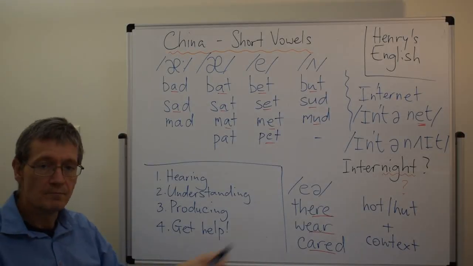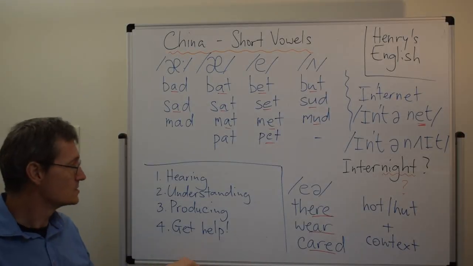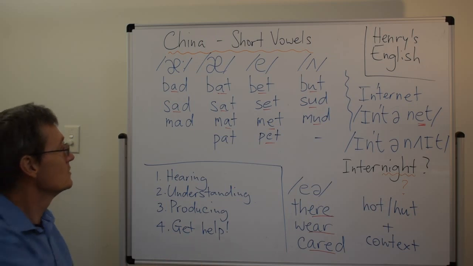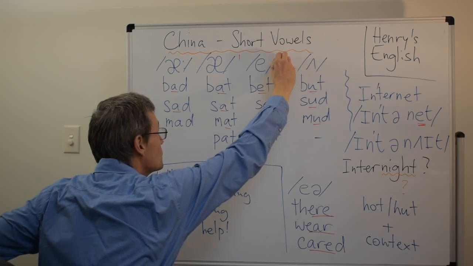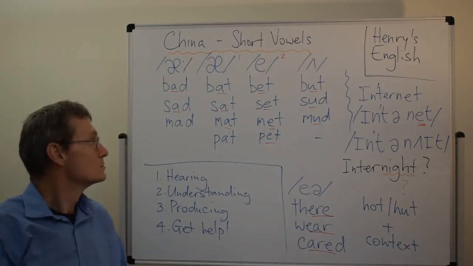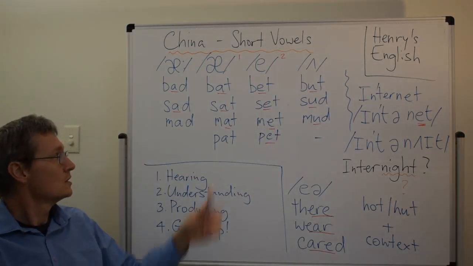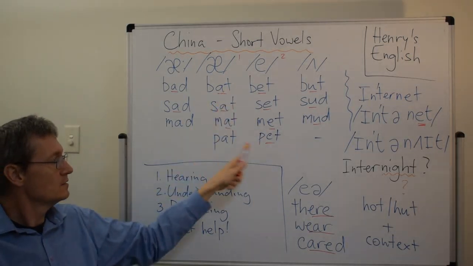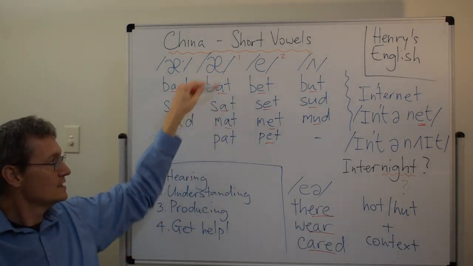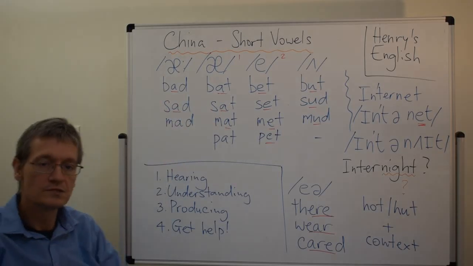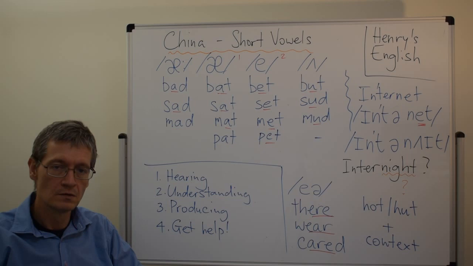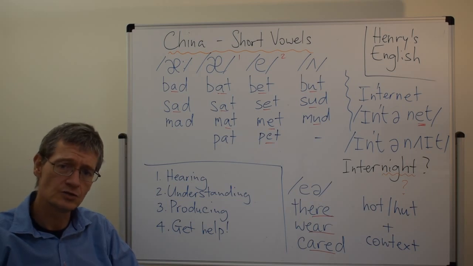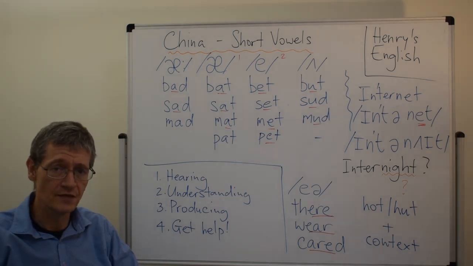Now, I'm going to do a minimal pairs exercise for Chinese students, and it's going to involve 1 and 2. So I'm going to say randomly one of these words in these two columns, and you have to tell me, was it 1 or 2? So I'll say the word. If you're not sure, you can pause and wait for me to give you the answer.